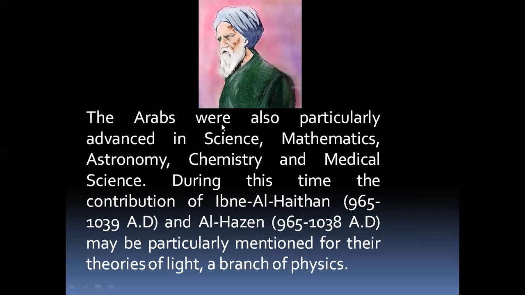The Arabs were also particularly advanced in science, mathematics, astronomy, chemistry, and medical science. During this time, the contributions of Ibn al-Haytham, or Alhazen, may be particularly mentioned for their theories of light, a branch of physics.